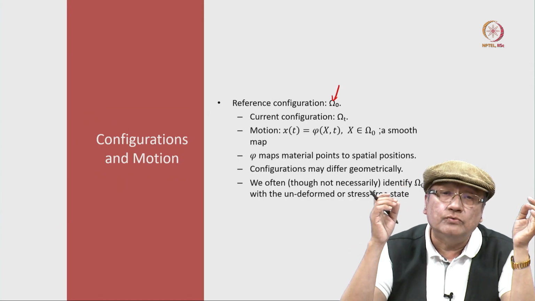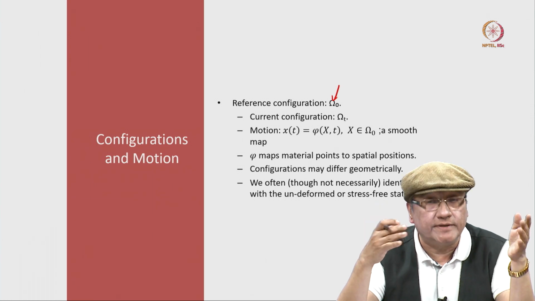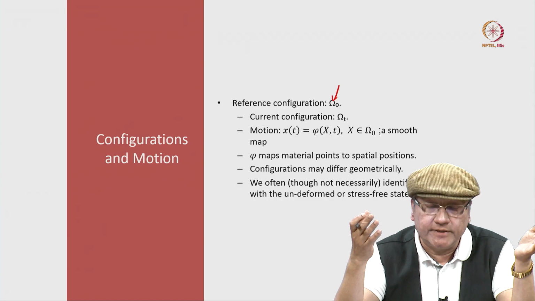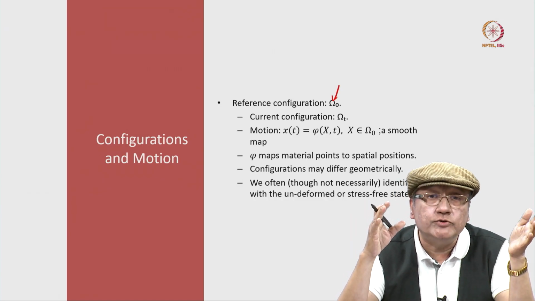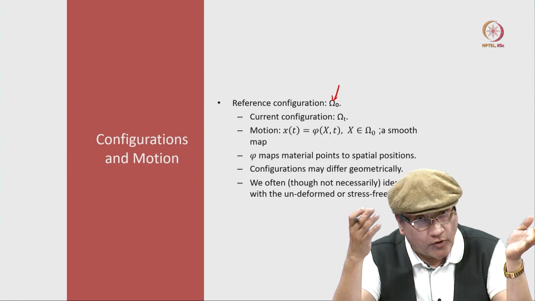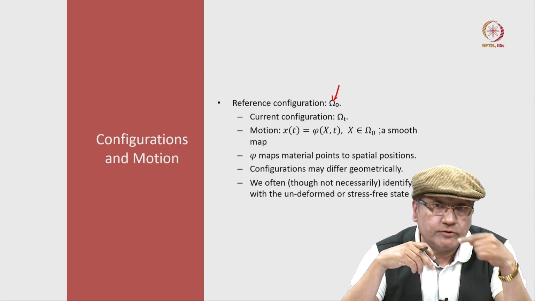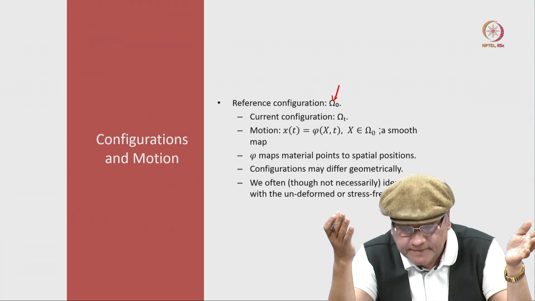Now, as you apply the external agency, which is in the form of external forces or temperature or whatever, or even electromagnetic excitations, then you actually observe the body to change its shape, it deforms, and what is even more important in the context of plasticity is that the microstructure starts evolving simultaneously.